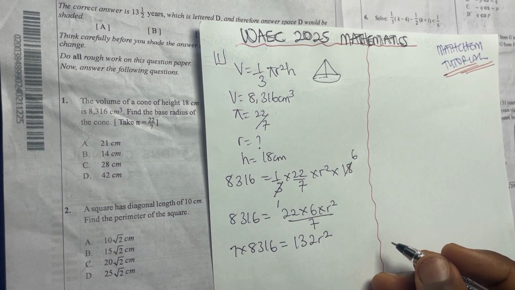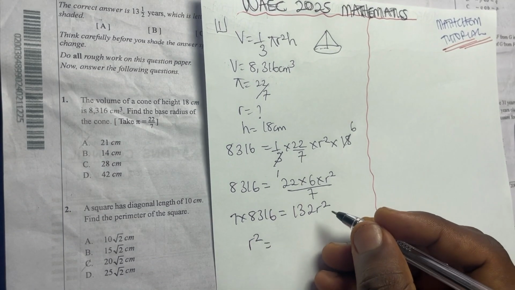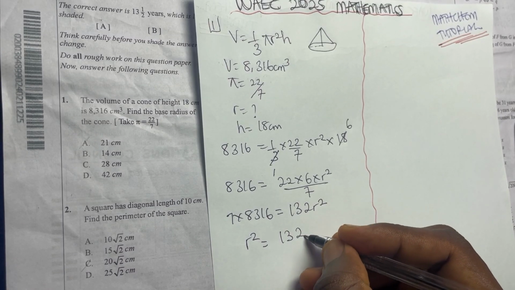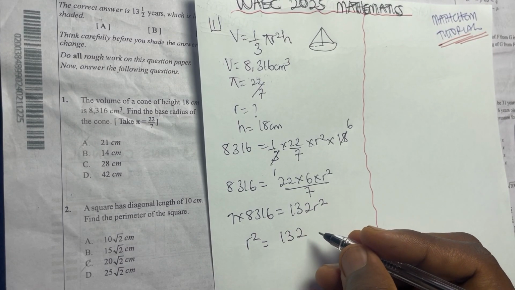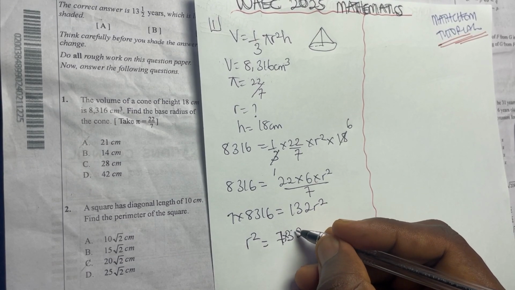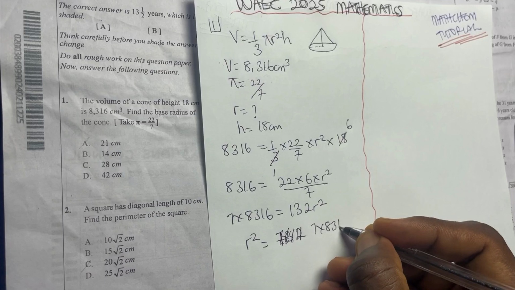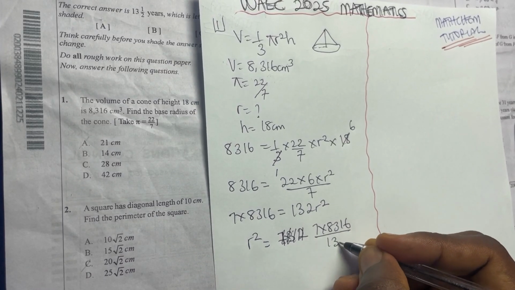You can divide both sides by 132, and that will give you r square equals 7 times 8,316 all over 132.